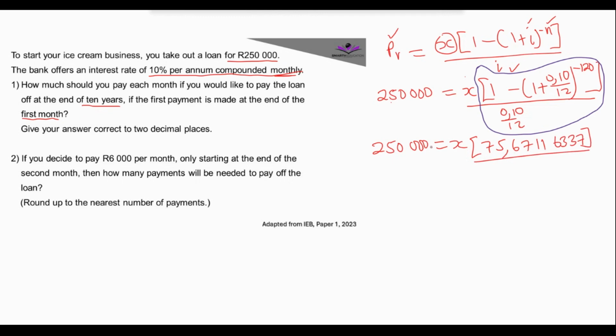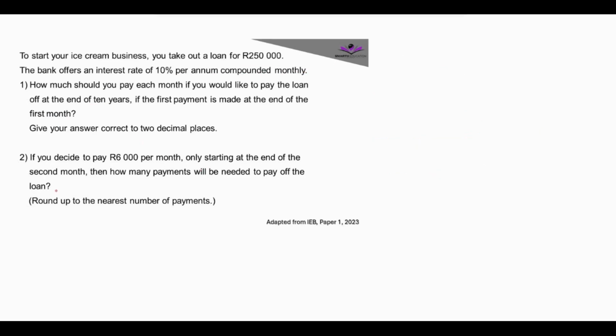So 250,000 divided by 75,67116337 will give us X is equal to 3,303 rand 768422 before rounding off. Then X is equal to 3,303.77.